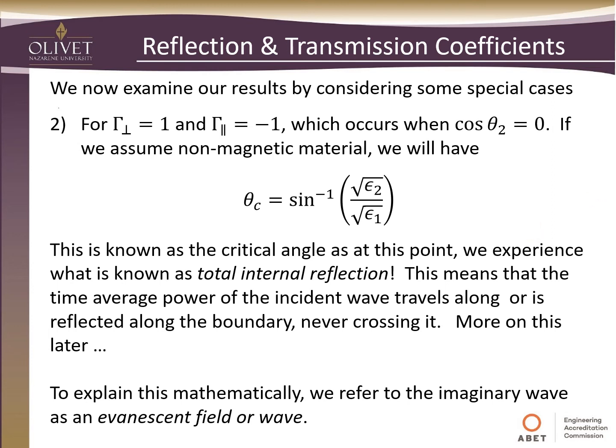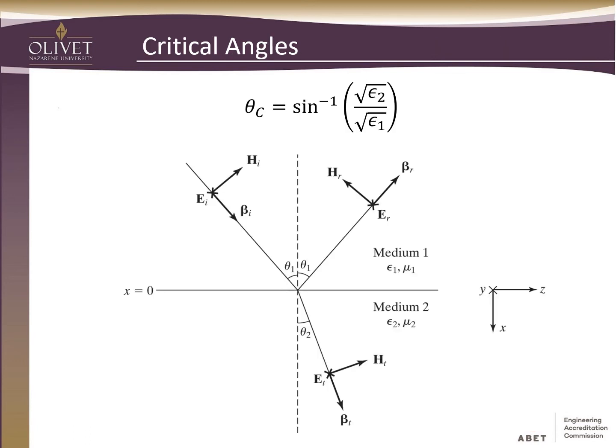It has to be present, at least, to make the math work out to what's happening physically. So again, when we look at this theta c, or critical angle, that means the wave's coming in here, and when it hits, all the wave either travels along this boundary or all of that part of the wave is reflected back into medium 1.